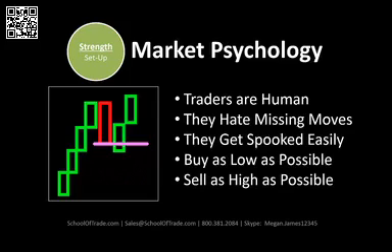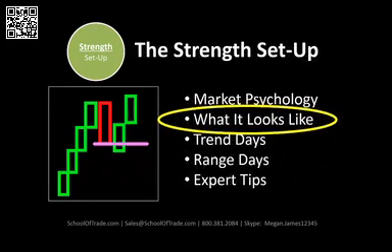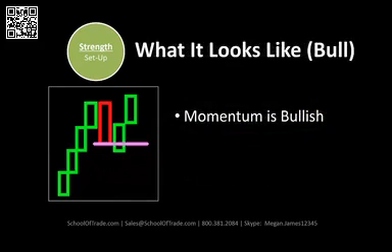And because of that fear of missing out, we get spooked easily as we try to buy low and sell high along the way. And all of those emotions running through our minds is why the strength setup works so darn well. So let's go further now, and let's talk about what this simple strength pattern really looks like.